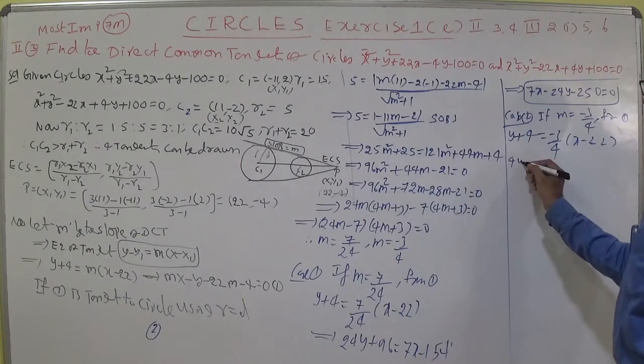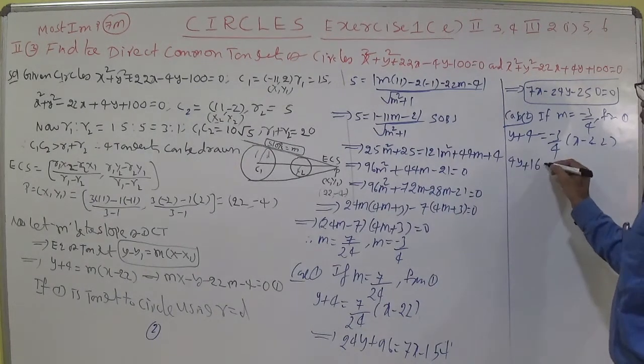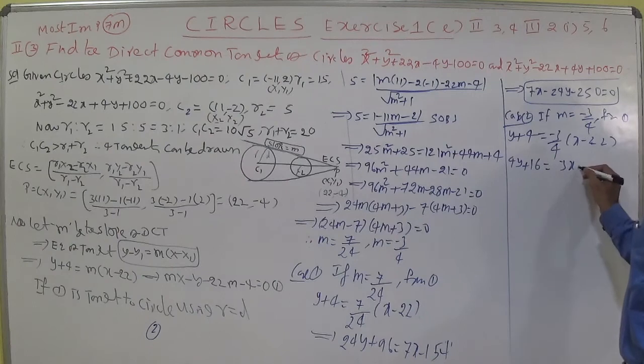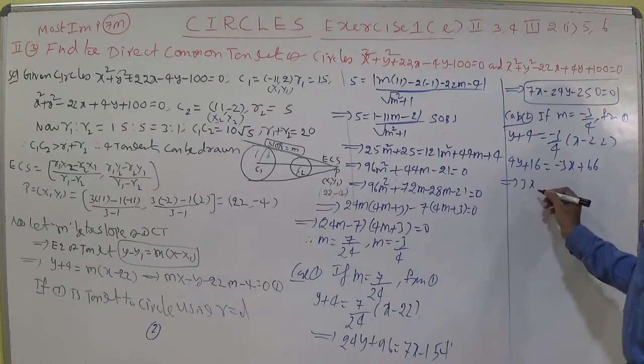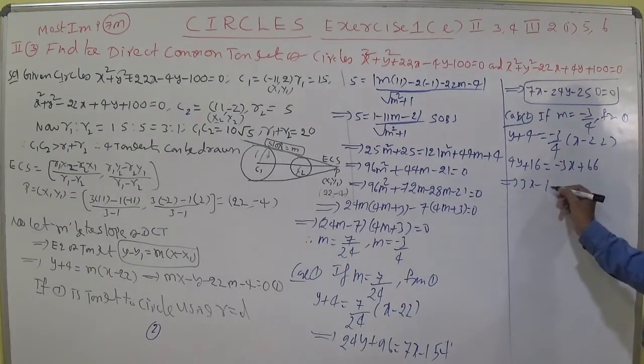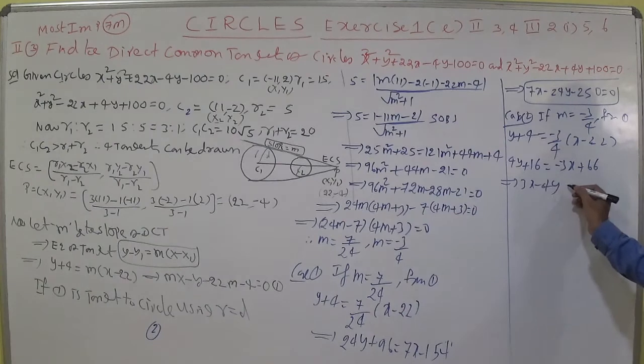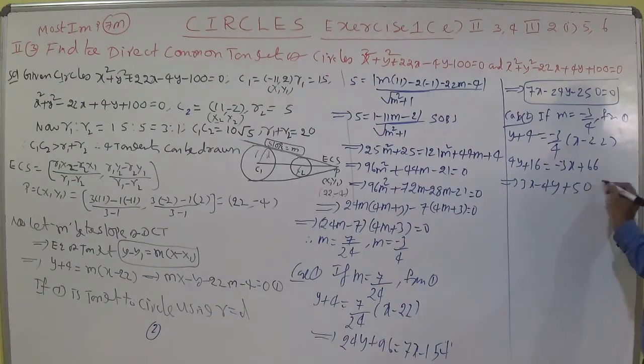Taking cross multiplication, you get 4y plus 16 is equal to minus 3x plus 66. That implies, taking this side, 3x minus 4y plus 50 equal to 0.